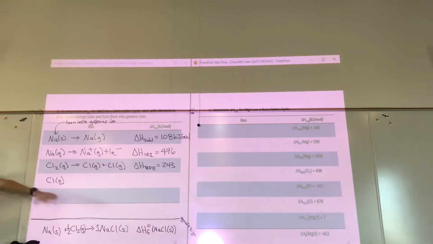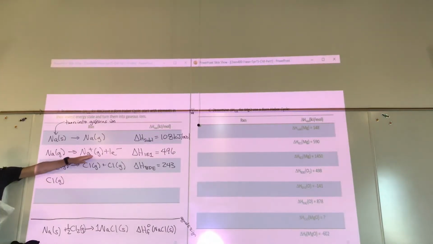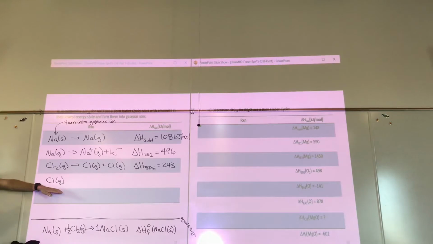Well, now we're going to turn chlorine gas into a gaseous ion. One note, all of the ions that we're making have the proper charges that you're used to. Note that sodium becomes Na+, chlorine will become Cl-, what we're used to. It is new that they're gases.